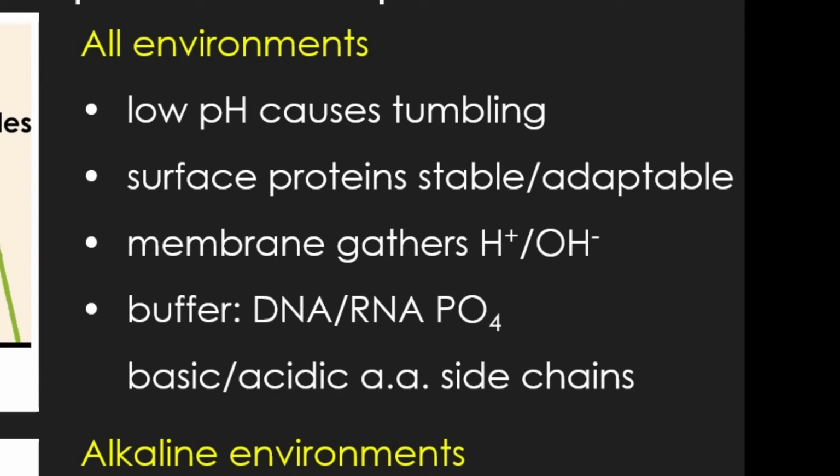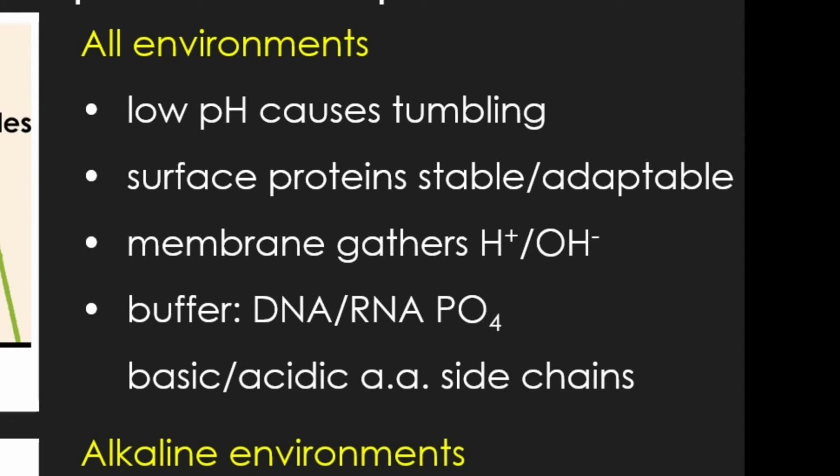Remember pH scale, each number is a tenfold difference. So when you say from 5 to 8, 5 to 6, so 6 is 10 times more alkaline than 5, 7 is 100 times more alkaline than 5, 8 is 1,000 times more alkaline than 5. pH 8 is 1,000 times more alkaline than pH 5, and the inside of that cell will only change 0.1 units.